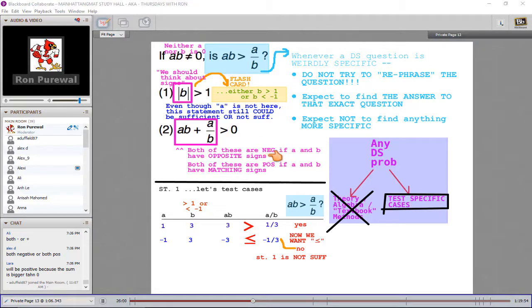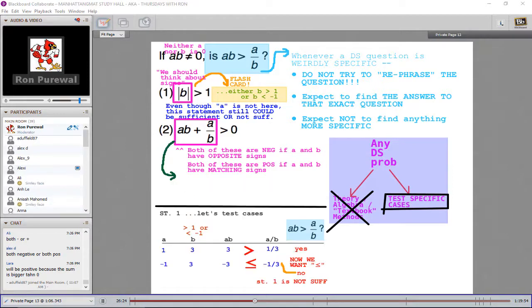So A and B cannot have opposite signs, and they have to have matching signs. Basically, this statement is just a really ugly, awful way of telling us that A and B have the same sign. Give me a smiley face if that makes sense. That's all this statement is at the end of the day.